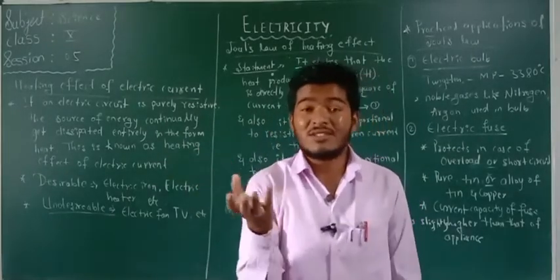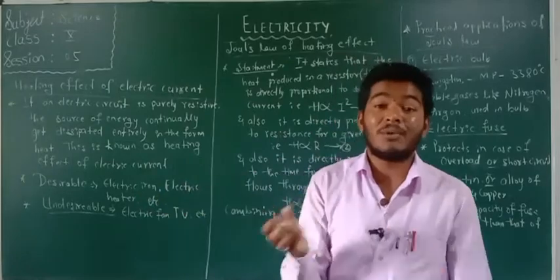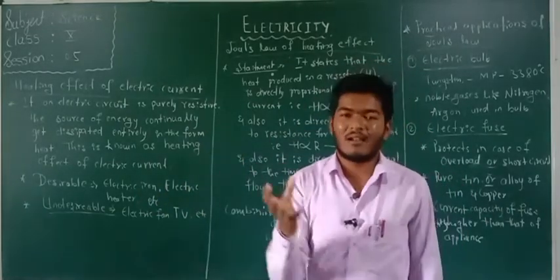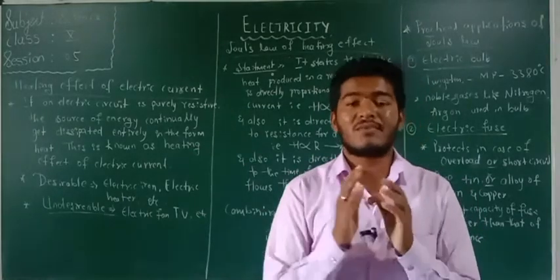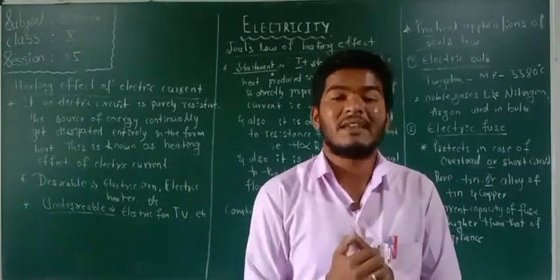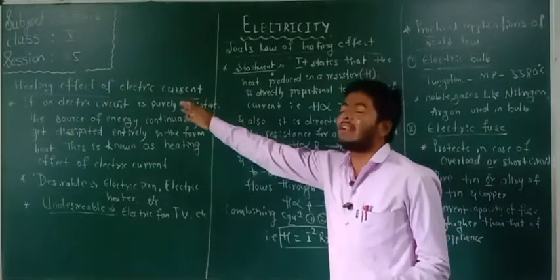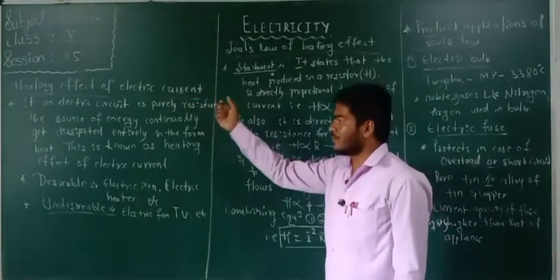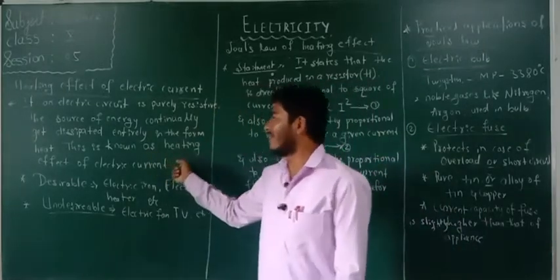The energy which comes from the electric current is converted into heat. Therefore, some electronic devices become heated when used for a long time. That is due to the heating effect of electric current.